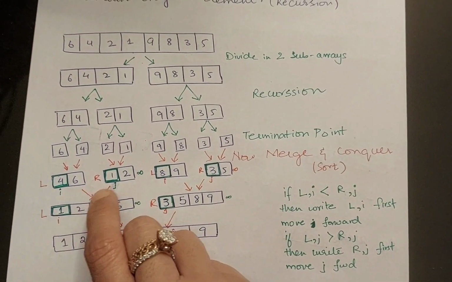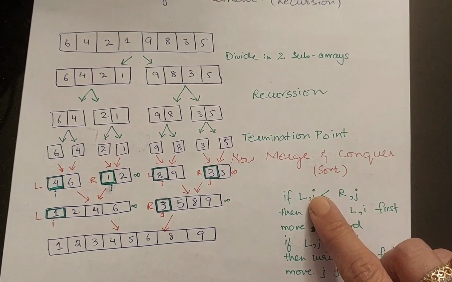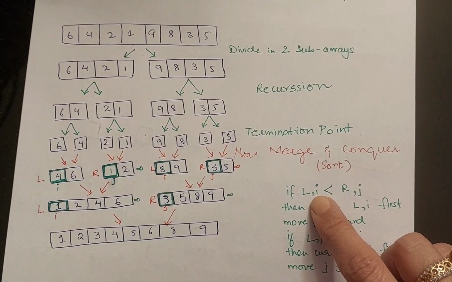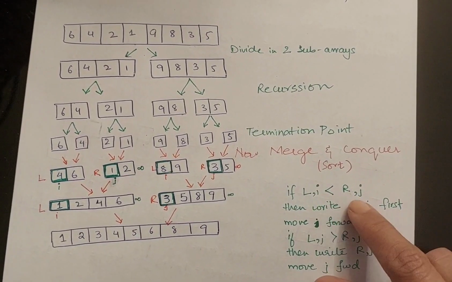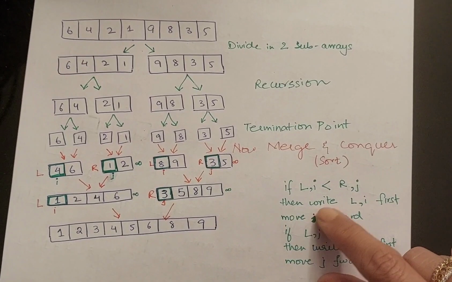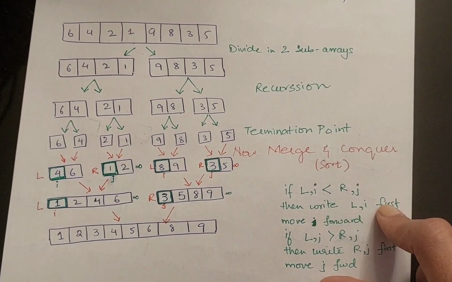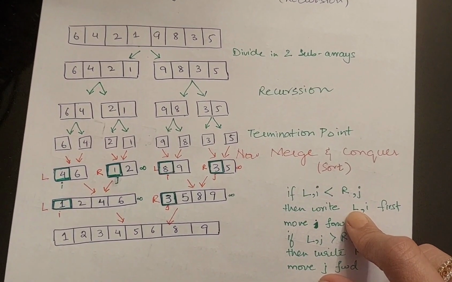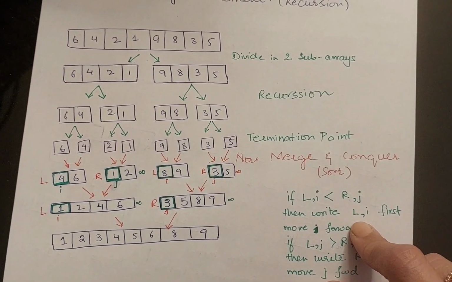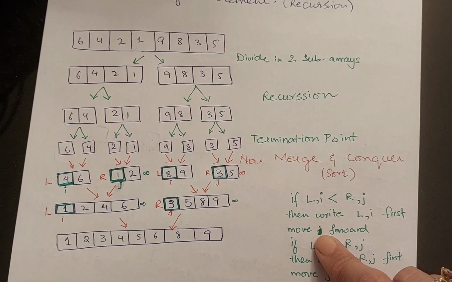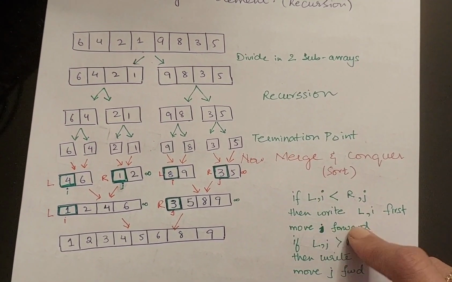So if I compare these two elements, and if I see that my first array's element is smaller than the second array's element, then I will write the Li first because it was smaller. Of course in sorting we are moving in ascending order, so we will write the small element first and then I will move my I pointer forward.